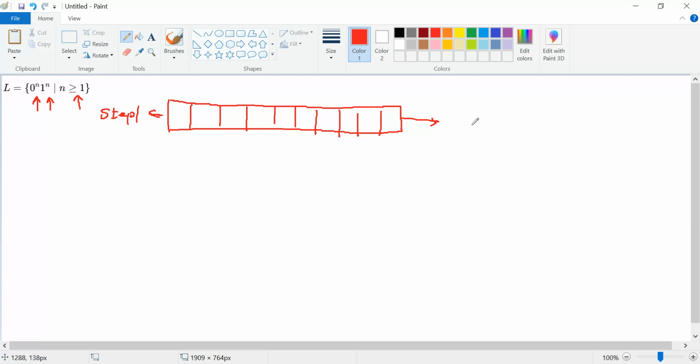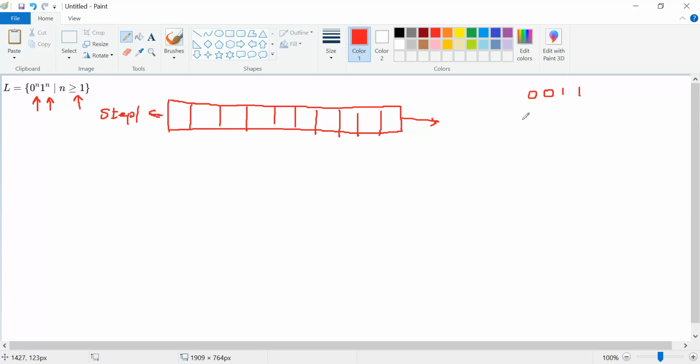Let's say the string that we have is 0 0 1 1. That's a valid string because it has two zeros and two ones. We know that the head can move to the left or right, and it can read one symbol at a time.